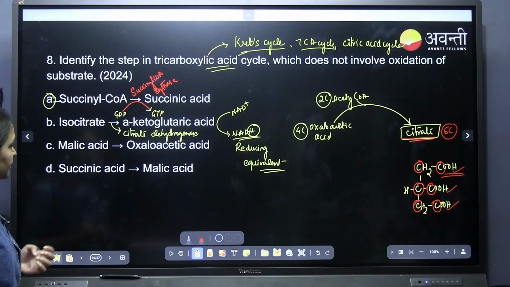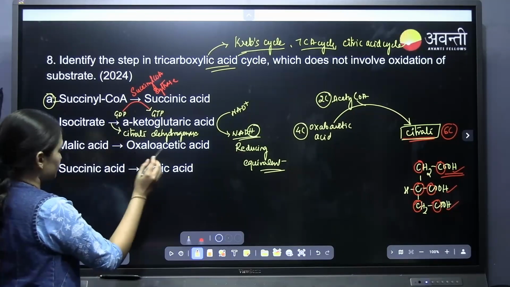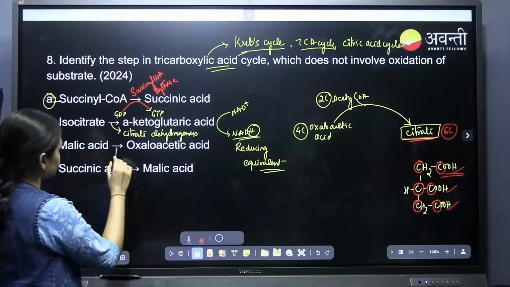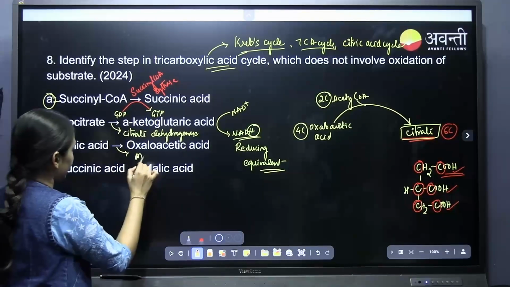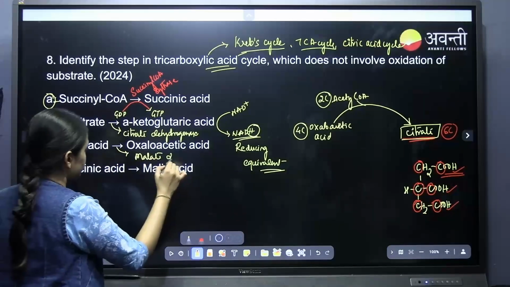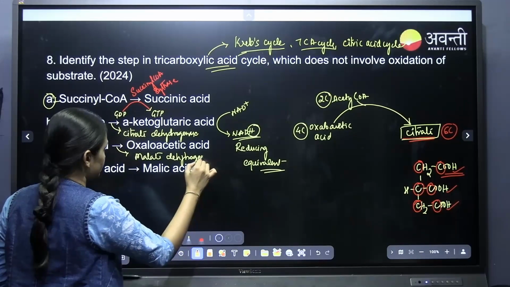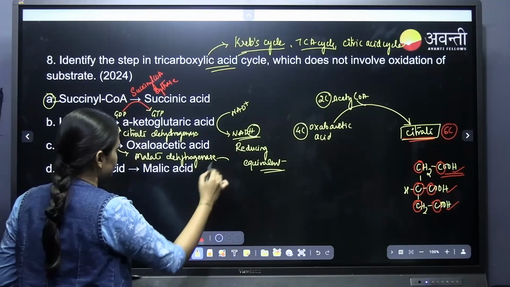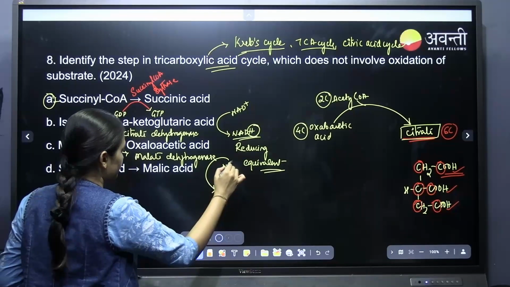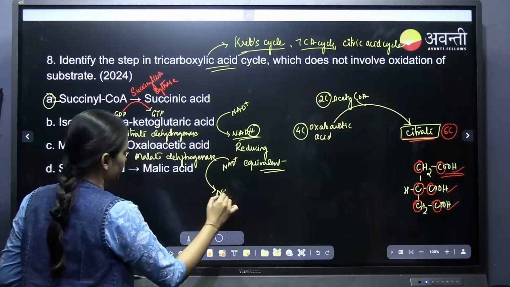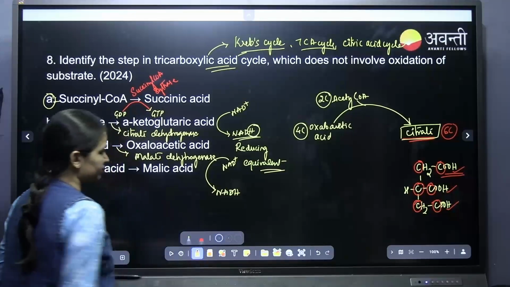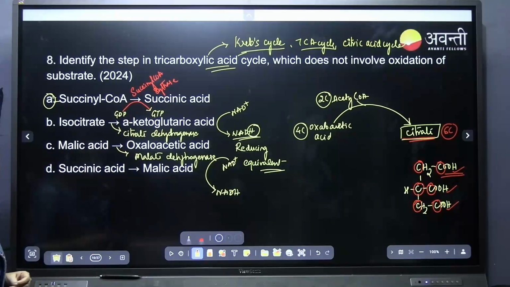And malic acid to oxaloacetate. So, here the enzyme used is malate dehydrogenase, and here also one molecule of NAD plus is converted to one molecule of NADH. Here also the oxidation has happened.